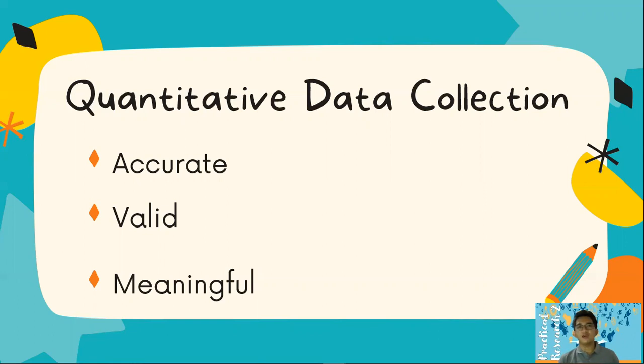We are going to check our instrument if it suits, if it is appropriate for our respondents. We will not be able to conduct the data collection if the reliability and validity of our instrument are very poor. So there is something to be done before conducting the data collection.